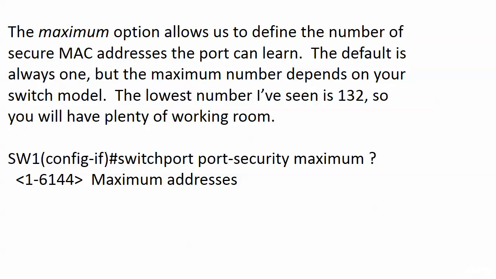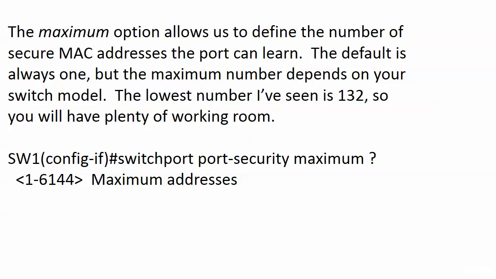Now, again, the aging options, not going to use those very often, but this one you'll be using quite often, the maximum option, because it allows us to change the number of secure MAC addresses the port can learn. The default is 1, and that's going to fit a lot of situations, but not every single one. Now, the maximum number really depends on your switching model. The lowest I've ever seen is 132.